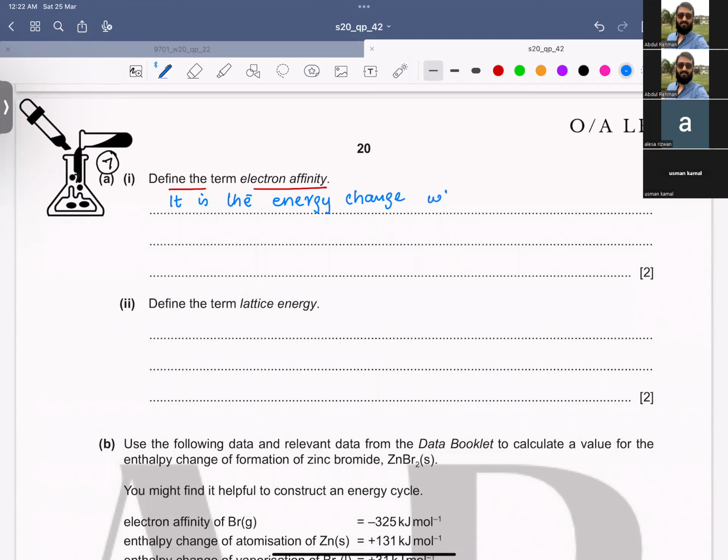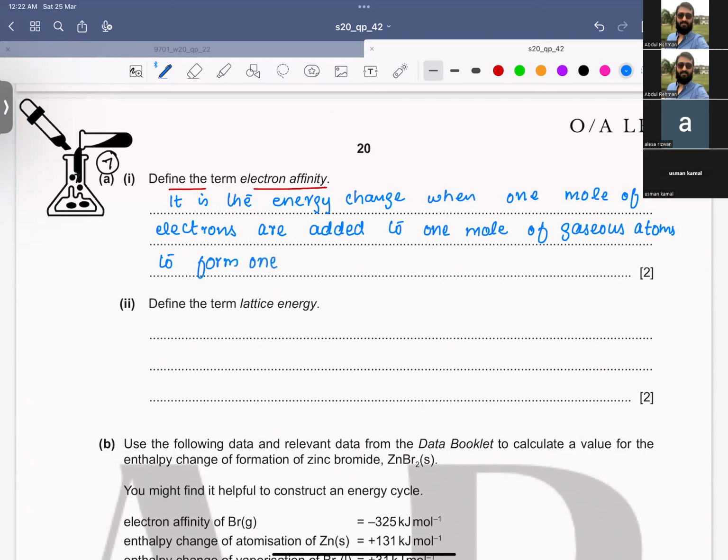So it is the energy change when one mole of electrons are added to 1 mole of gaseous atoms to form 1 mole of gaseous 1 negative ions.